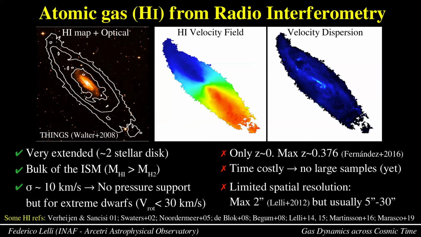The record for HI detection in emission in individual galaxies is around 0.4, but these observations are very difficult to do. Also, HI interferometry is time costly, so again, we don't have large samples, and the spatial resolution is limited. As far as I know, the record is 2 arcseconds, actually from myself using the VLA, but most of the surveys are between 5 and 30 arcseconds, actually closer to 30 than 5.